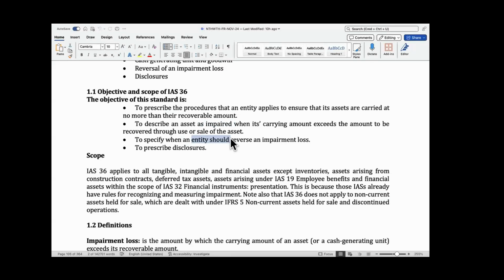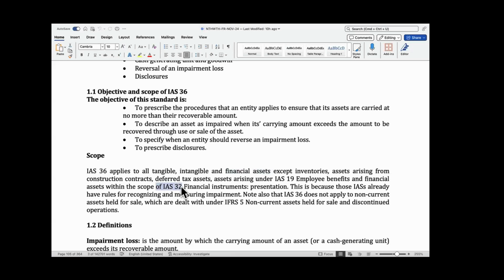So the assets we are considering here majorly are assets that are tangible, and also those covered in IAS 38, which is intangible assets, and some aspects of financial assets, right? Some aspects of financial assets, those that are not covered by IAS 32.